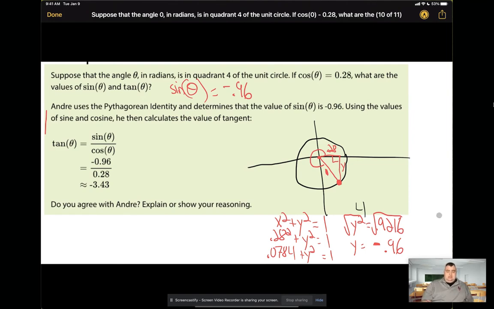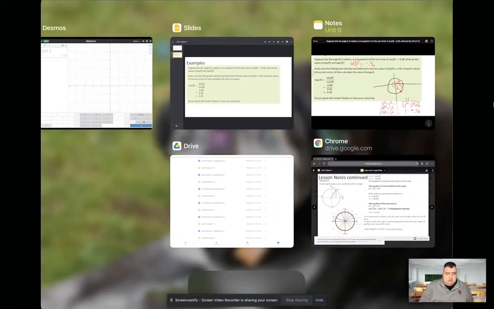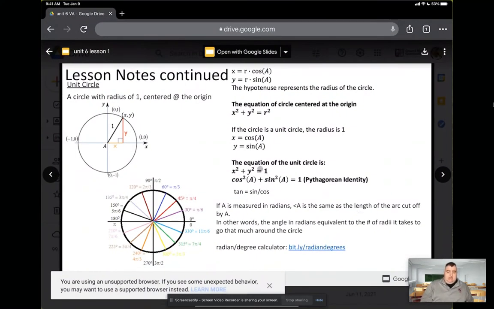To figure out the value of tangent of theta, if we go back to the lesson notes, tangent is actually equal to sine divided by cosine. I know you learned in the past that tangent is also opposite over adjacent, and that is still true.